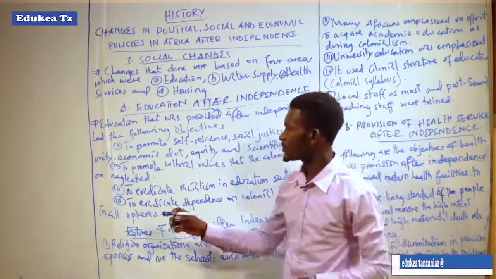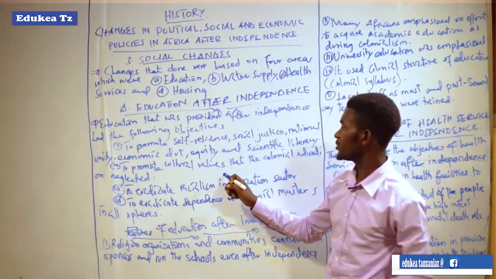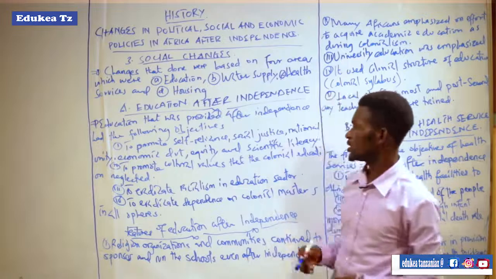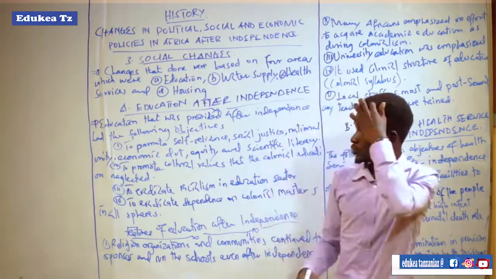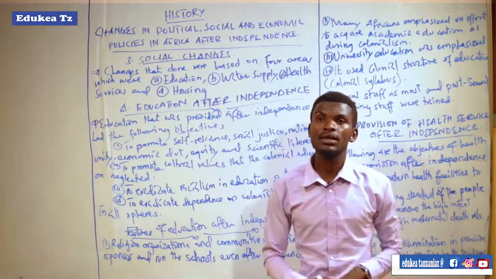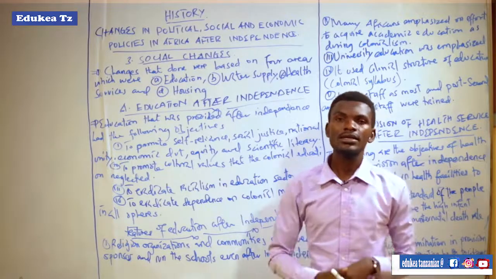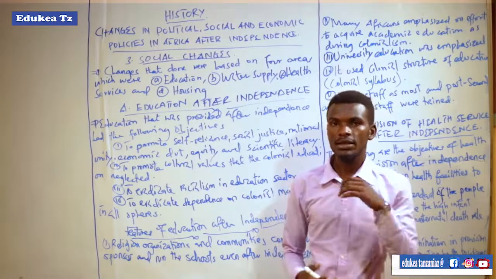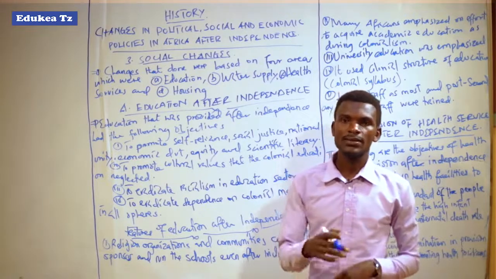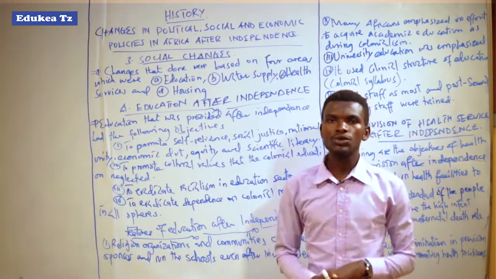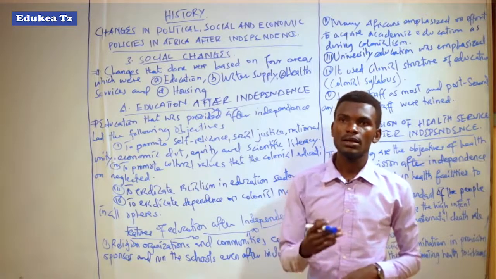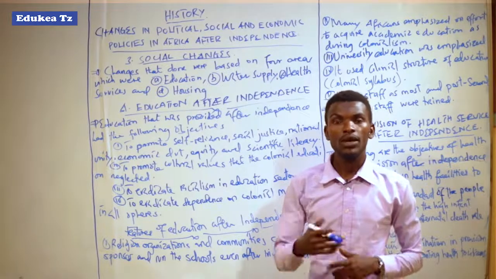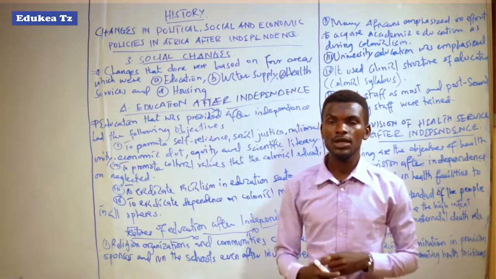The second objective was to promote cultural values that the colonial education neglected. There are cultural values that were neglected by the colonial education. For example, education concerning the traditions and customs of Africans was neglected during colonial education.